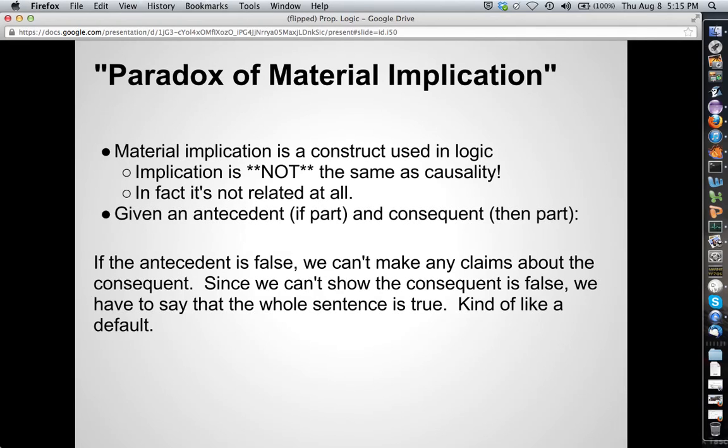It's a logical construct, material implication, given an antecedent, an if part, and a consequent, a then part. If the antecedent's false, we can't make any claims about the consequent. And so since we can't show the consequent is false, we have to say the whole sentence is true. So this is sort of like a default. If you've got P implies Q, and P isn't even true, well then you can't really conclude anything about the whole statement, so by default it's just going to be true.